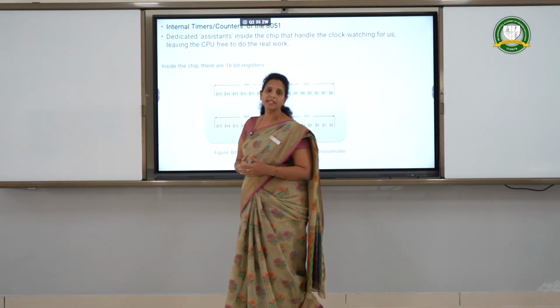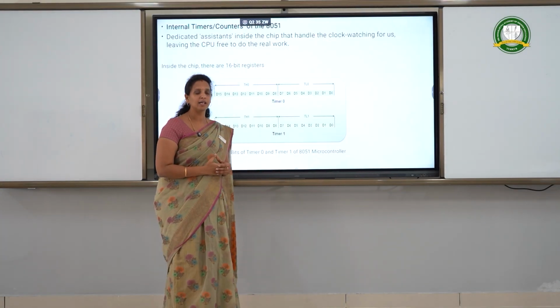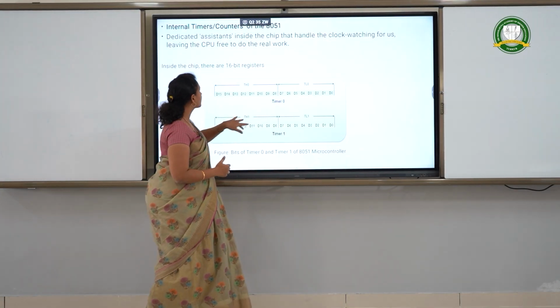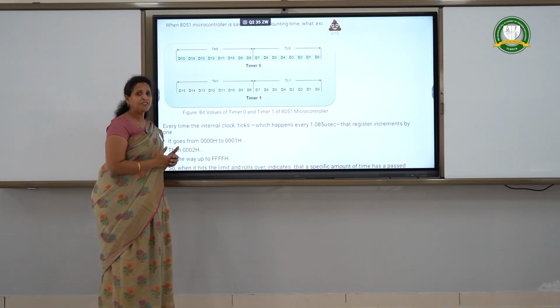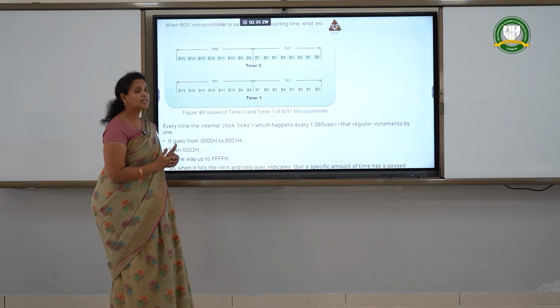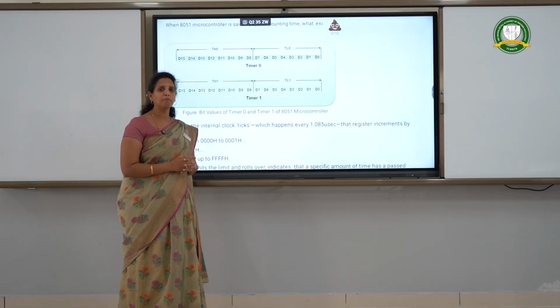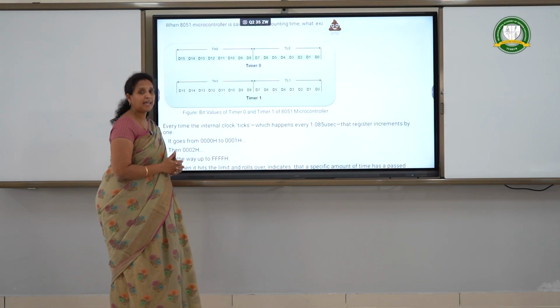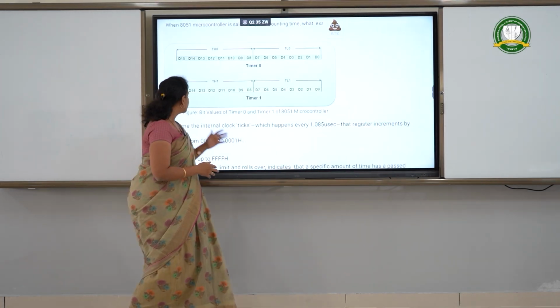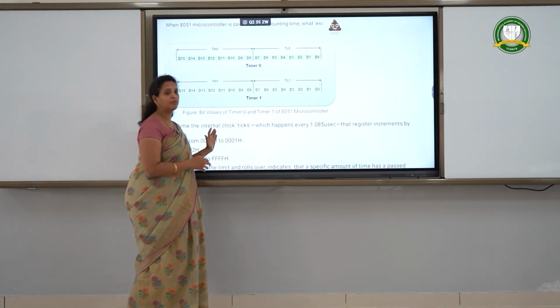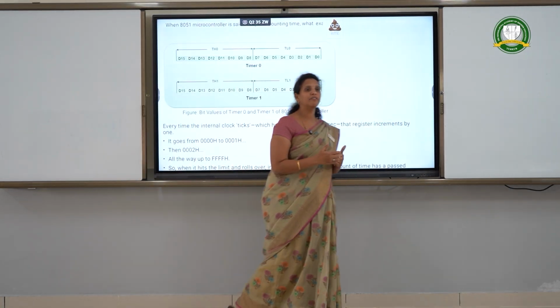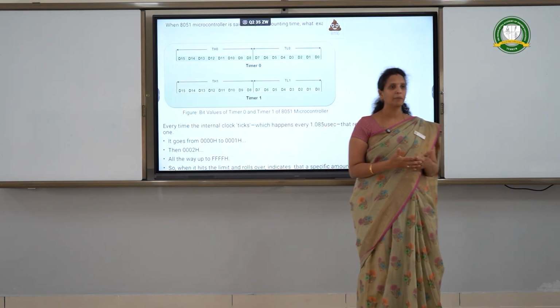These two registers can be used both as counters and as timers. When the 8051 is counting, what exactly happens is that the bit values in the timer register keep incrementing.